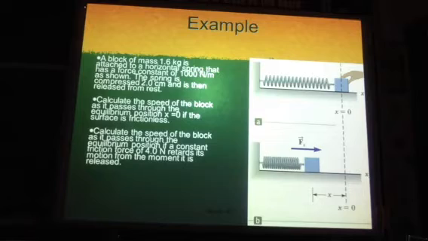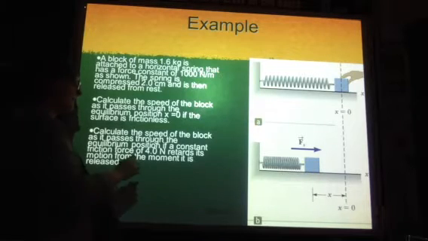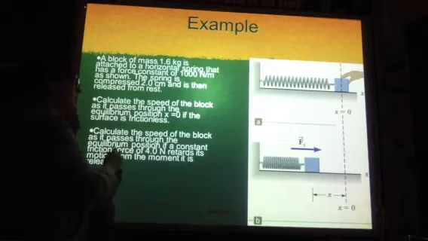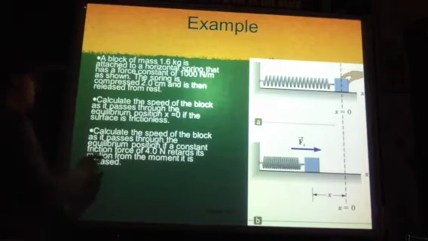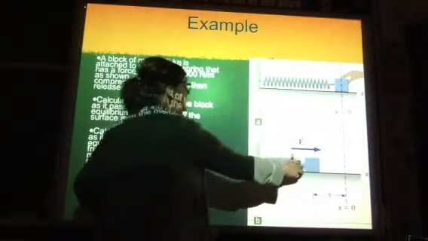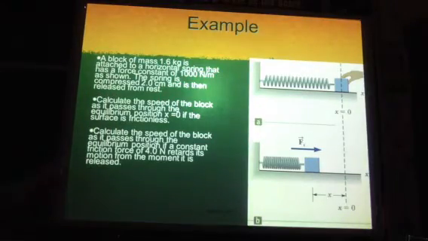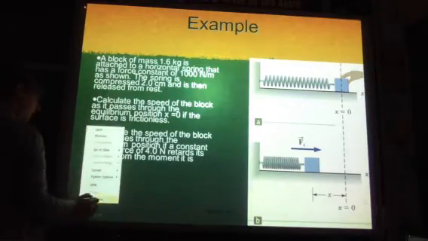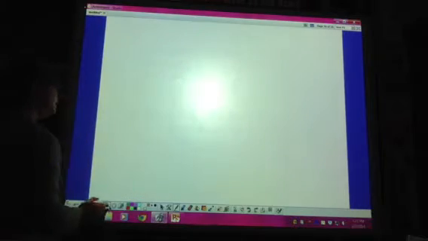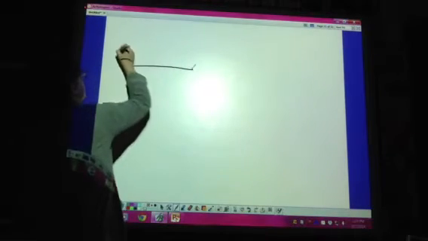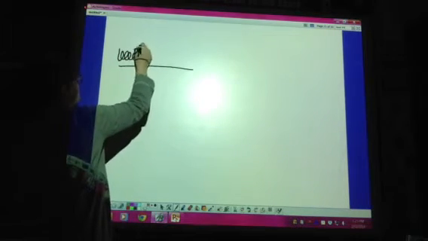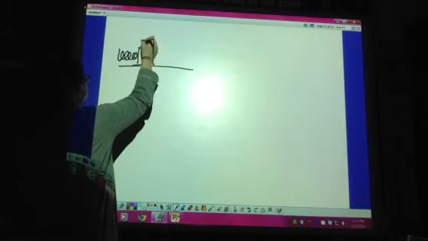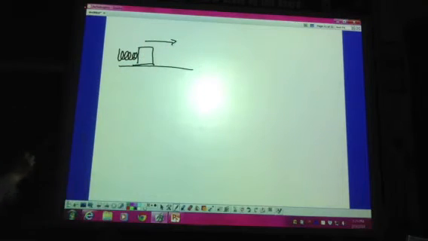So I want to know what the speed of the block would be as it passes through that equilibrium position if we have a frictional force acting on it to slow it down from the moment this block is released from that spring compression. Now on this one, here's my spring that's really compressed, here's my block, and we're going to release it and it's going to be moving that way.